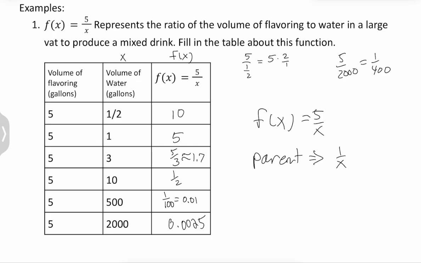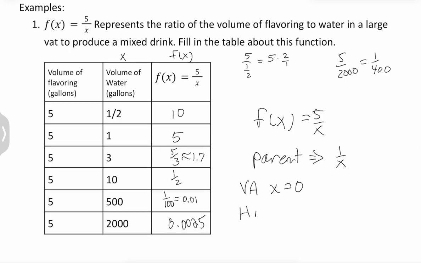We still have an undefined value, a vertical asymptote at x equals 0. At the ends, because our denominator has the higher power, we still have a horizontal asymptote at 0. So it's just something you have to recognize, what that graph is.